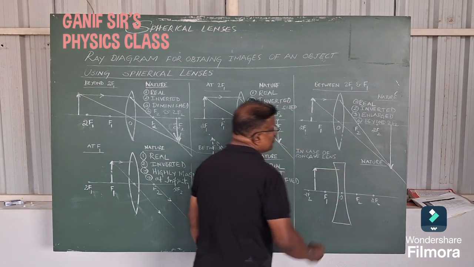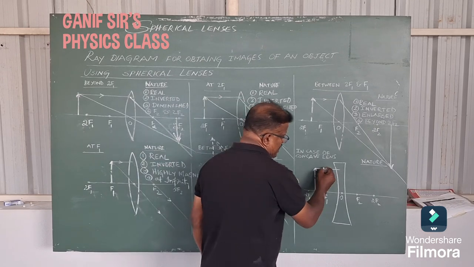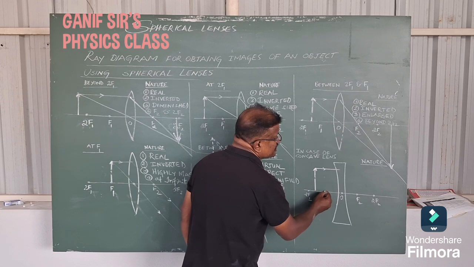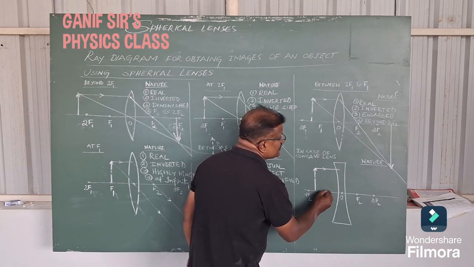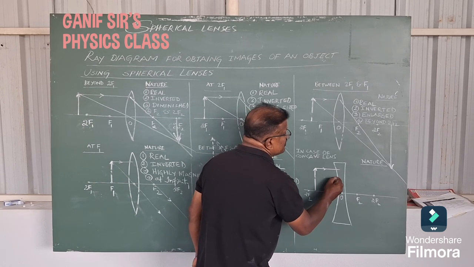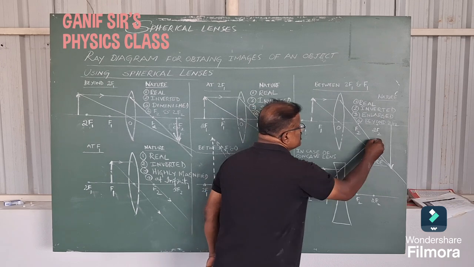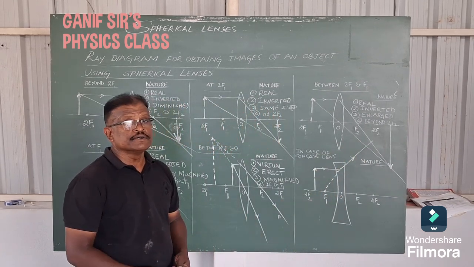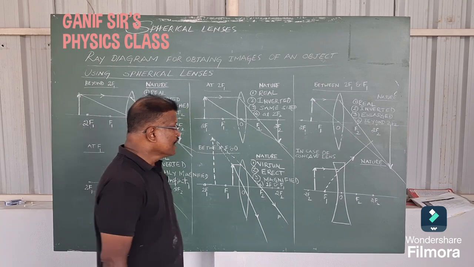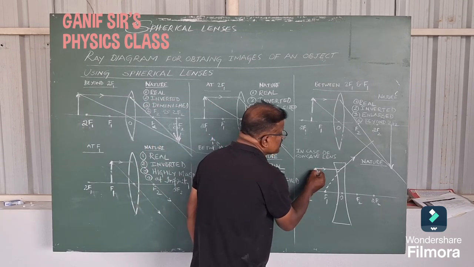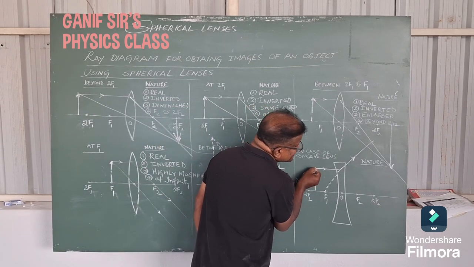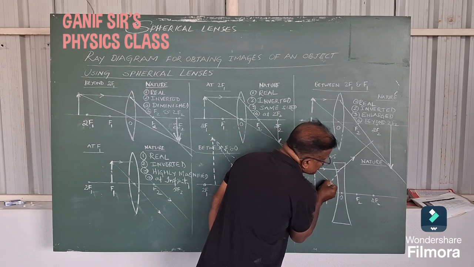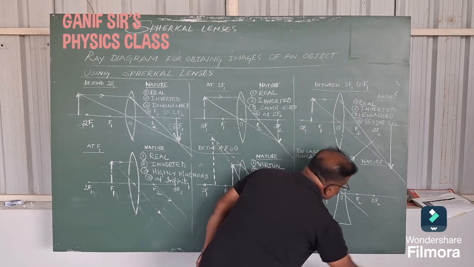I am following here the first rule, a ray parallel to the principal axis, and what happens? It appears as if the ray has diverged from the principal focus, which we already know. That is rule 1 in case of a concave lens.